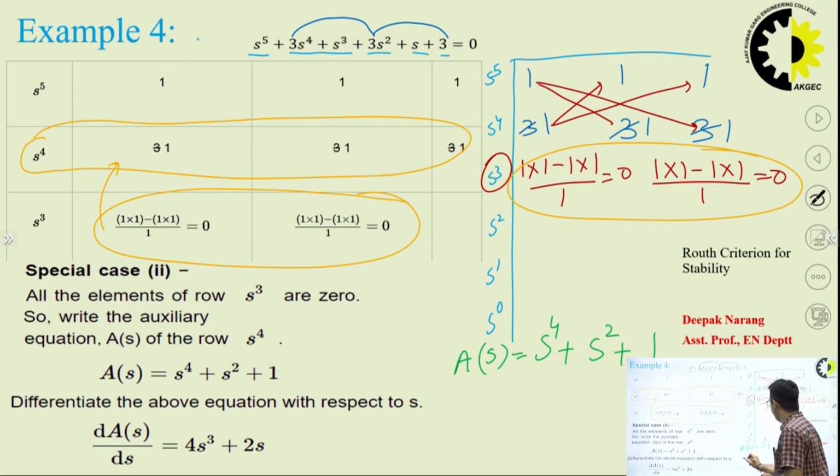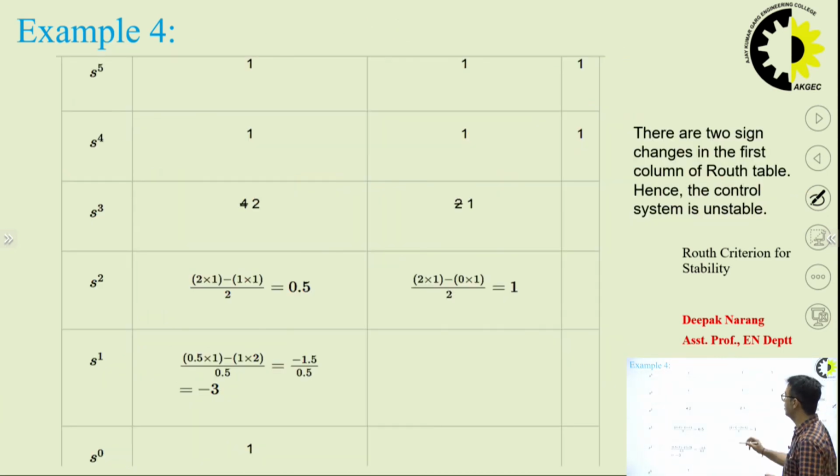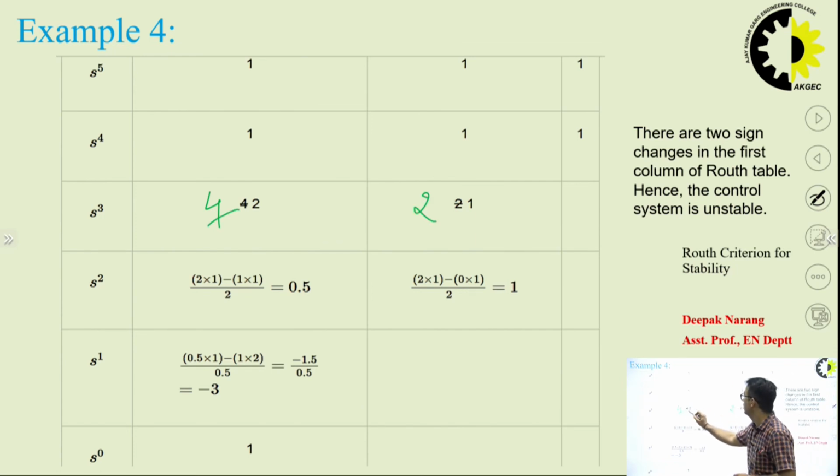Differentiate this equation with respect to S, we get 4S cube plus 2S. And we replace this row with the coefficients of this differentiated auxiliary equation, here 4 and 2. Take 2 common, this becomes 2 and this becomes 1.